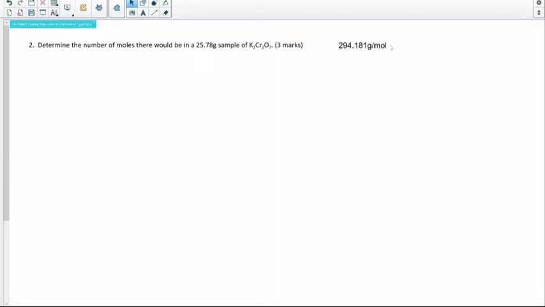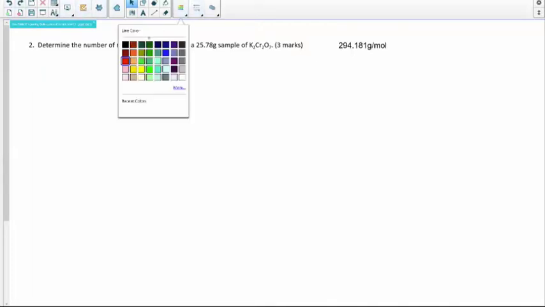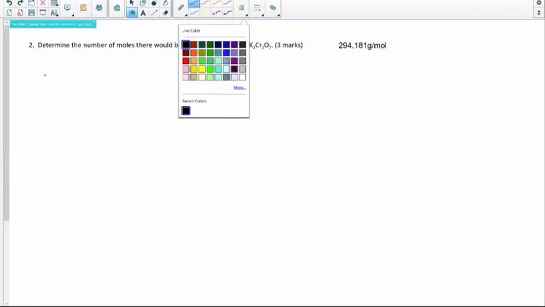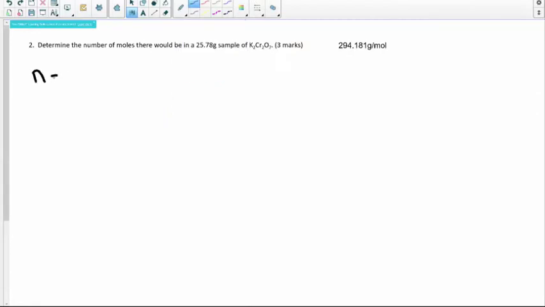And what I'm going to do for this question now is we're going to go n is equal to m over capital M sub K2Cr2O7 in parentheses.